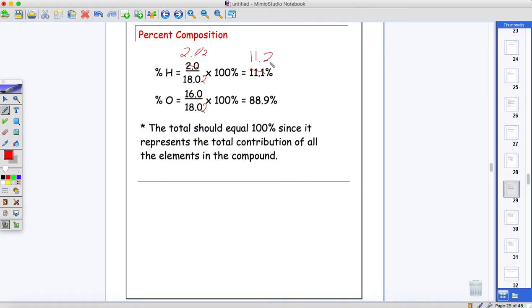Which means on this side, I'm going to get 88.8% as opposed to 88.9%. When you add these two together, you should get 100% because it represents the total of all the stuff in your compound, all of the particles in your compound. So you should come out to 100% in the end.